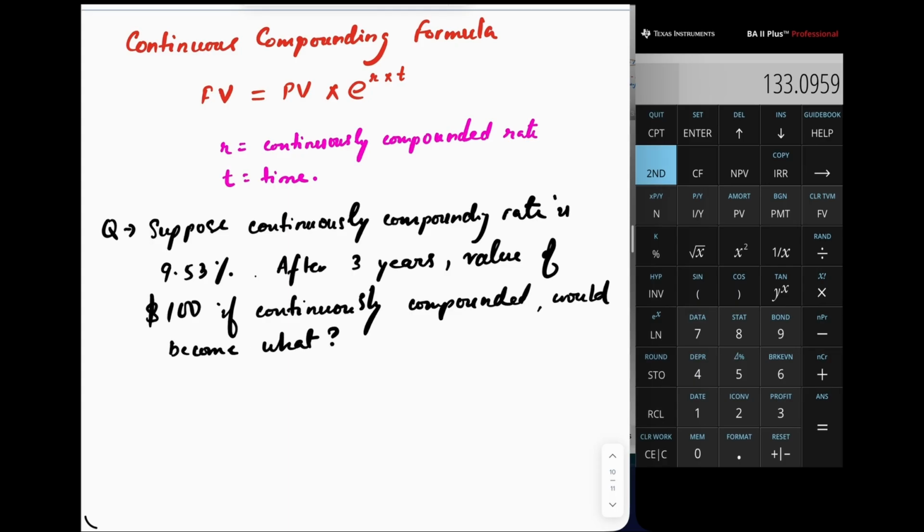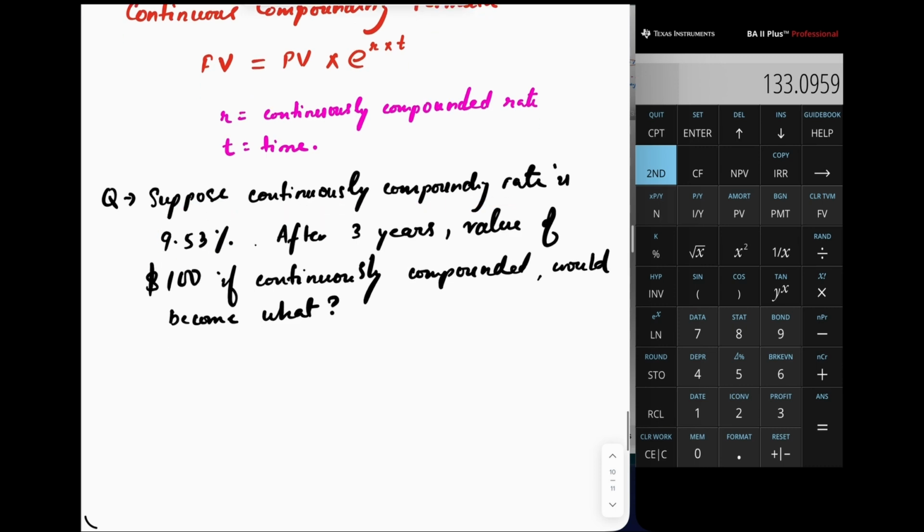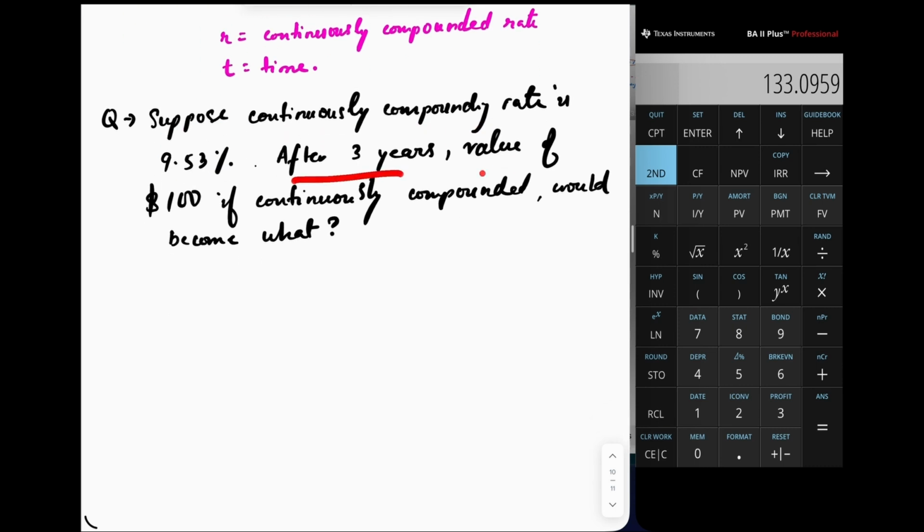I've just made up a question. So suppose you are given the continuously compounded rate, which is 9.53%, and after 3 years, the value of this $100 if continuously compounded at the given rate would become what?